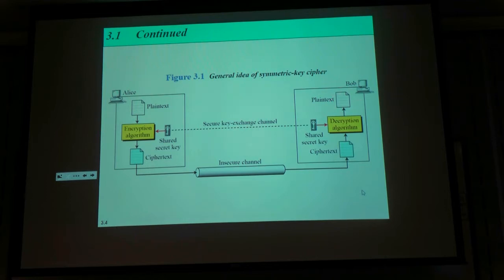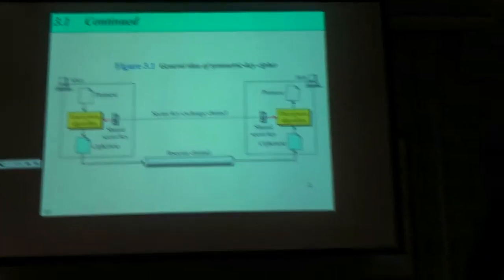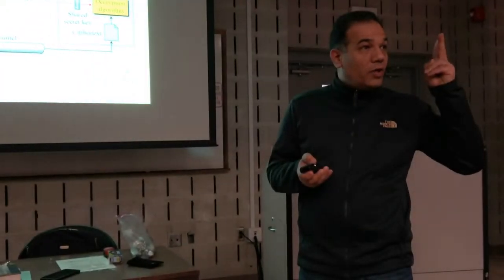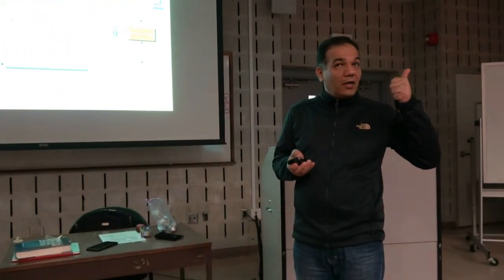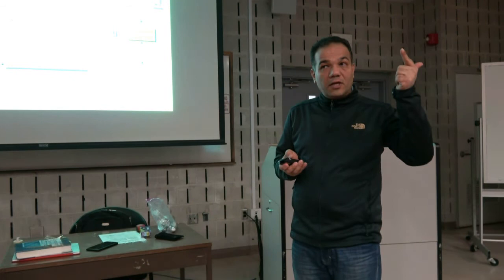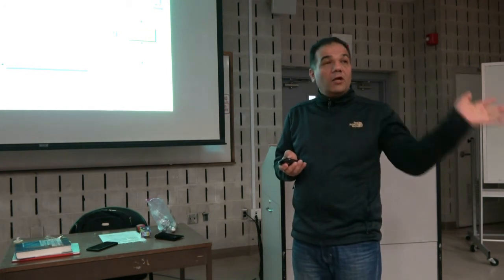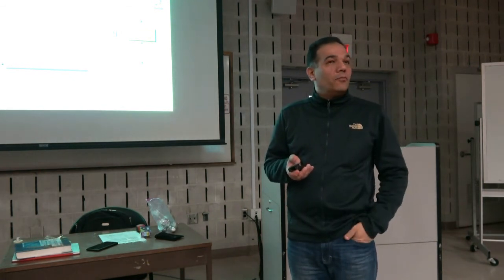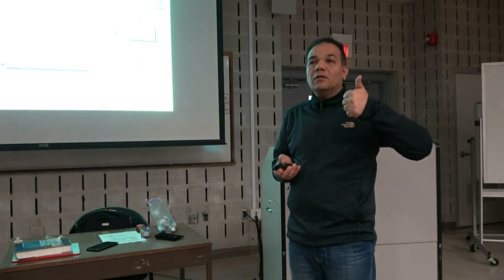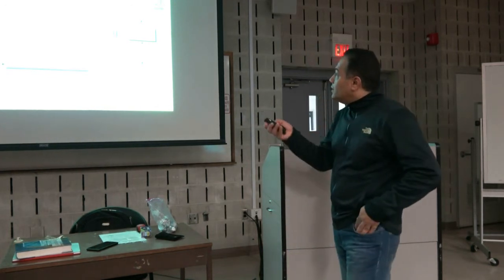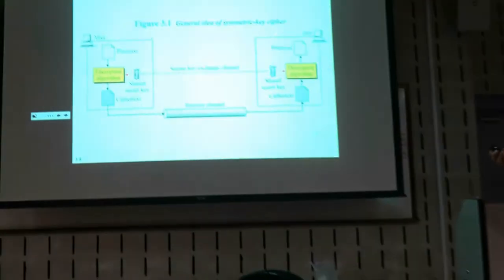So Bob is only able to read the text if he has two things: the algorithm and the key. The algorithm is public. Everybody knows the algorithm. So what remains that we have to hide? The key.